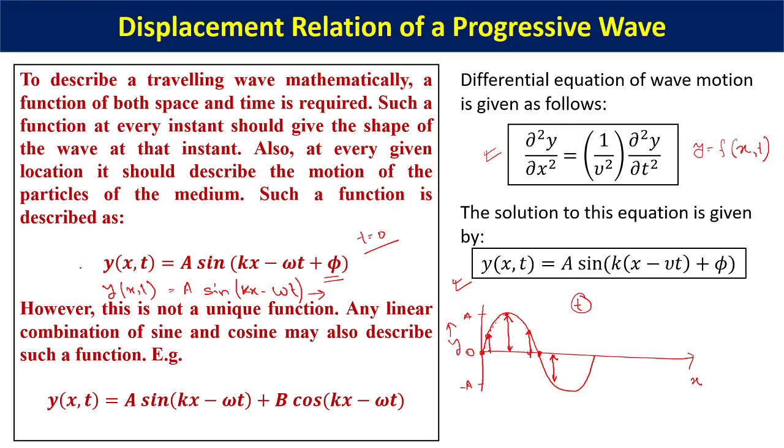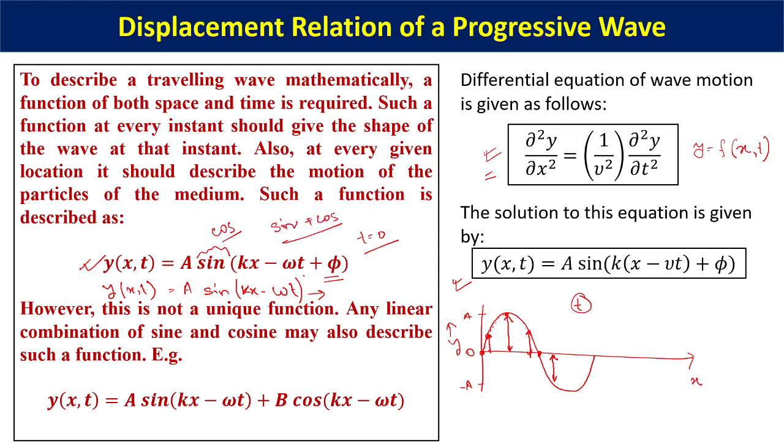However, this solution which we have got after solving this differential equation is not a unique solution. That means this is not the only solution to this differential equation. There could be other solutions too. What could those other solutions be? For example, the sine function that you can see over here may be a cosine function, or it could be a combination of sine and cosine.